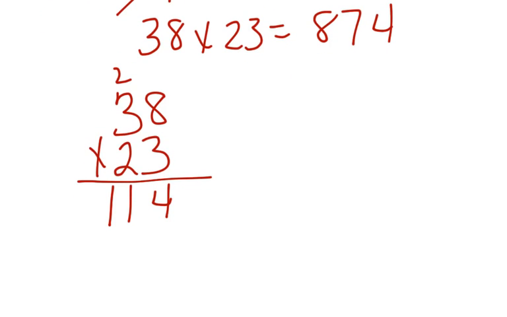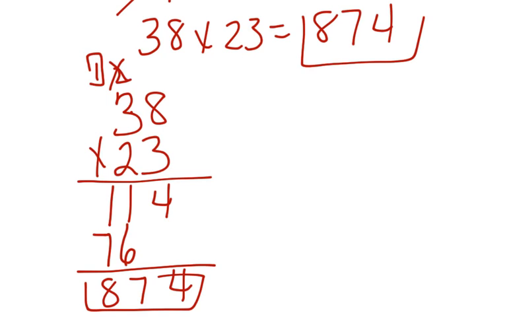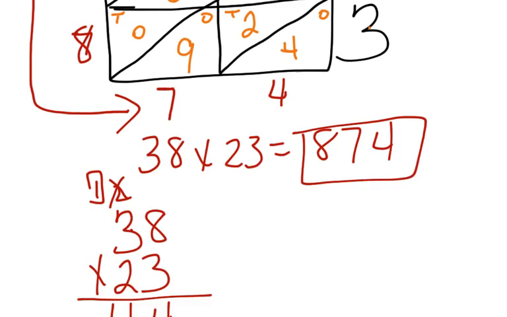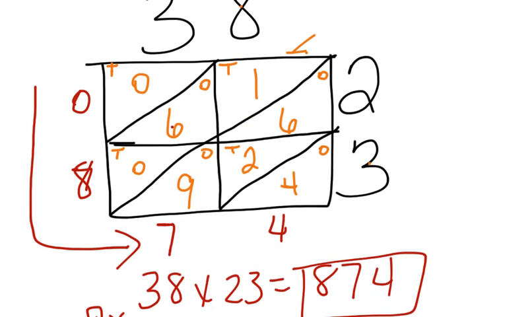Then 2 times 8 is 16. Regroup. 3 times 2 is 6 plus 1 is 7. And then you add everything up. 4, 7, 8. And as you can see, our answer matches using 2 different multiplication methods. But this is just to check our work with the lattice.